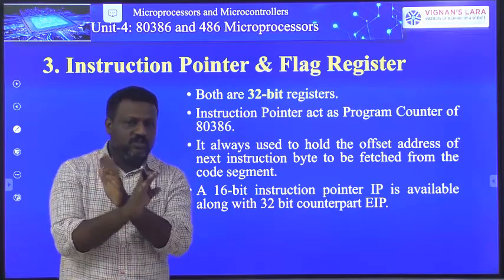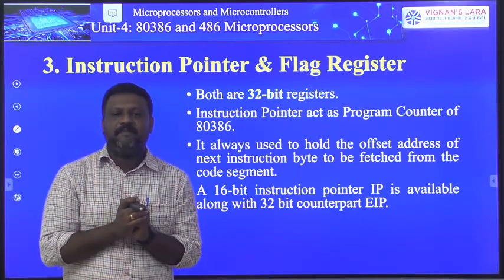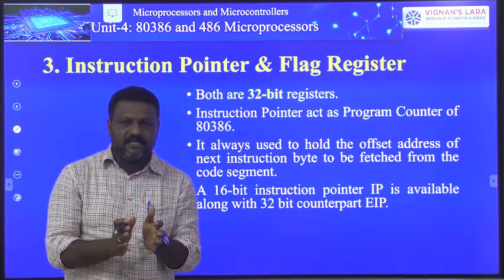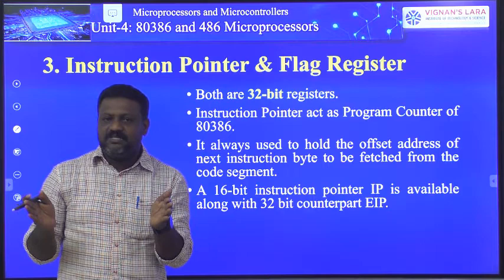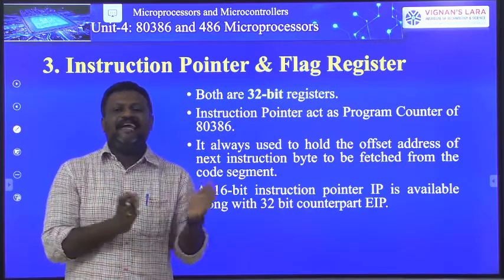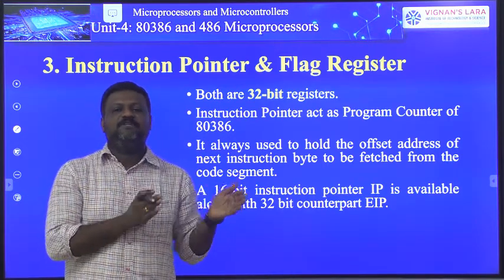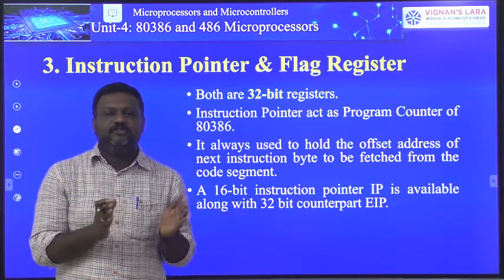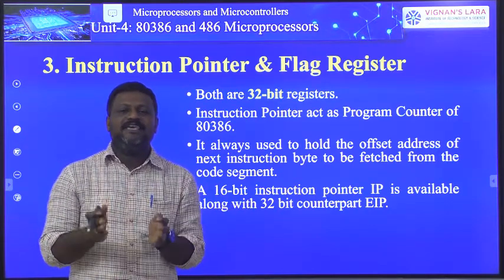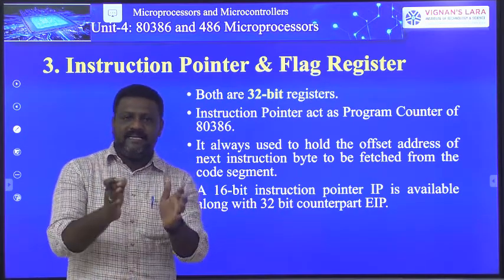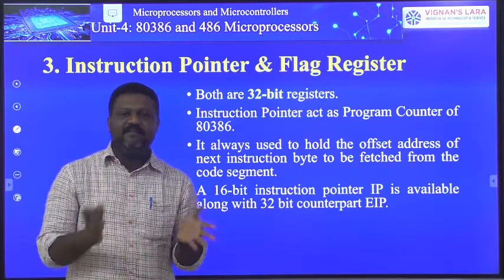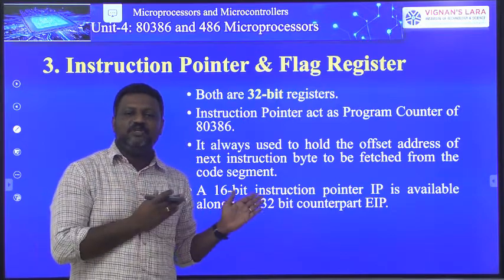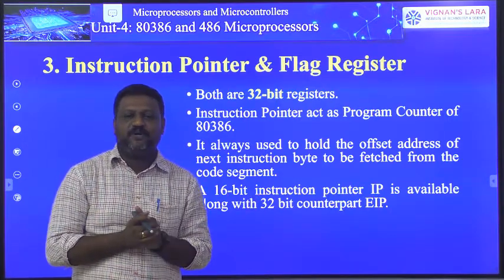So here also there is no change in the functionality of IP, only its size is extended to 32-bit. That means the 80386 processor has an instruction pointer of 32-bit size, which we call EIP. And the important thing here is, if we operate the 80386 in real mode, at that time we use only the 16-bit instruction pointer.